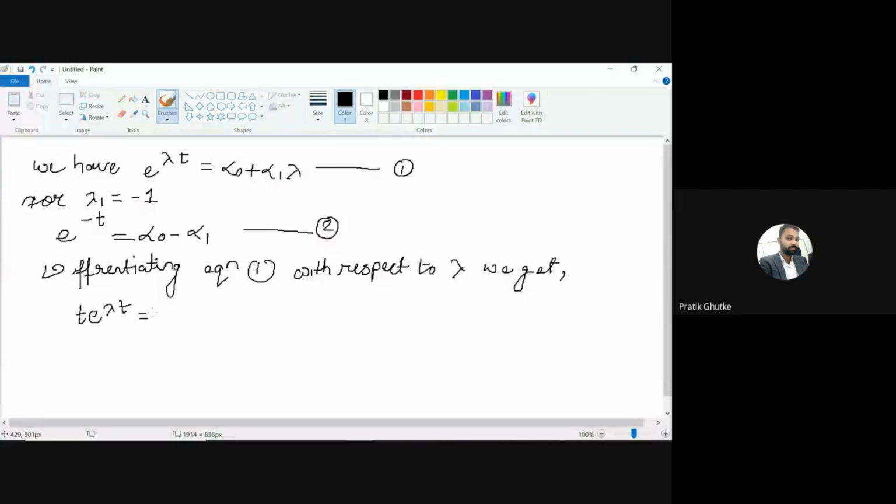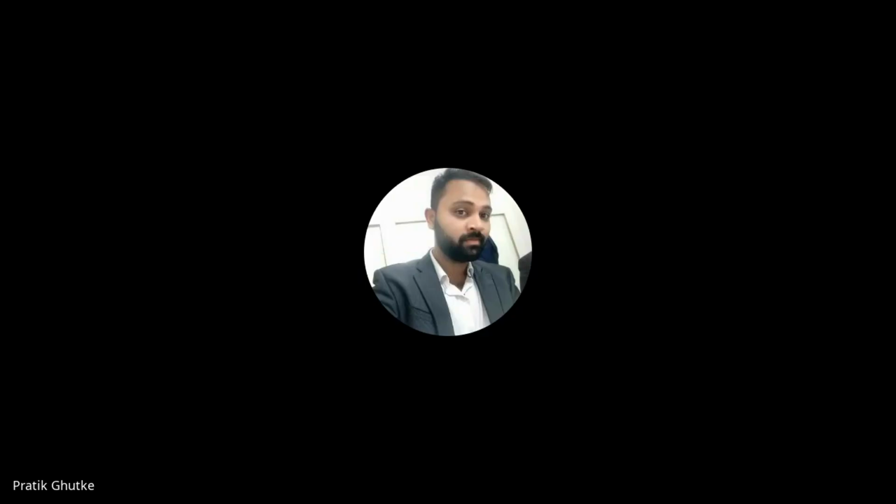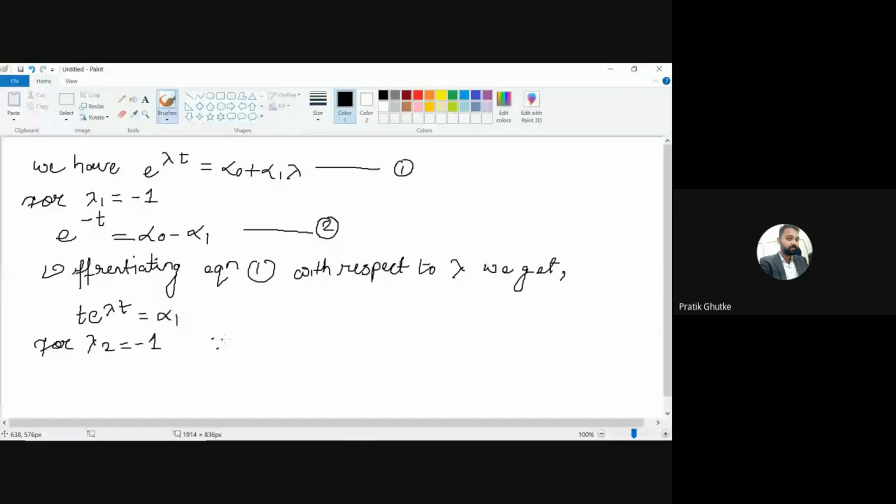And for lambda 2 equals -1, it would be t e raised to minus t equals alpha 1, or I can say that alpha 1 equals t e raised to minus t.